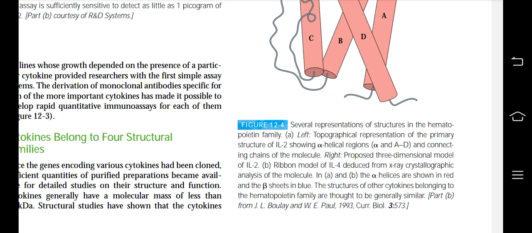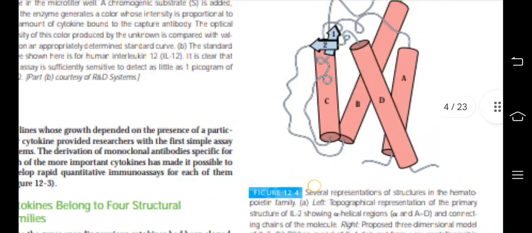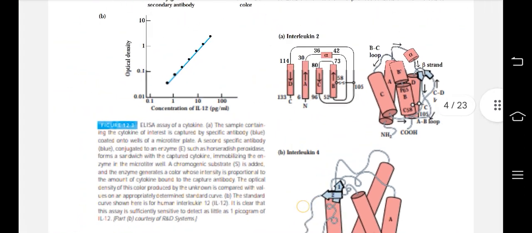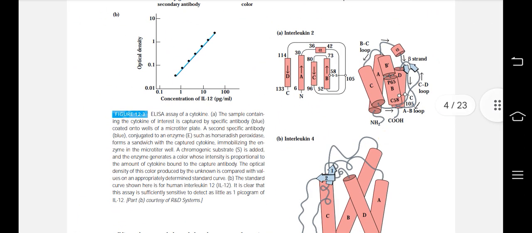Alpha helices are shown in red and beta strands in blue. The structures of other cytokines belonging to the hematopoietin family are thought to be generally similar. So just look at this figure. Okay.